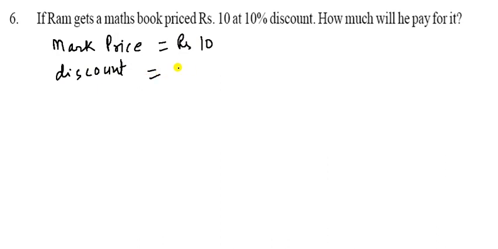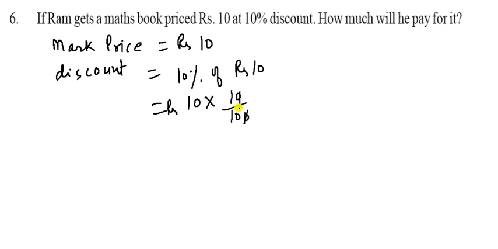Discount is 10% of rupees 10. So that will be 10 rupees, 10 into 10 upon 100. So this 0 will be cancelled with this 0. So we get rupees 1.